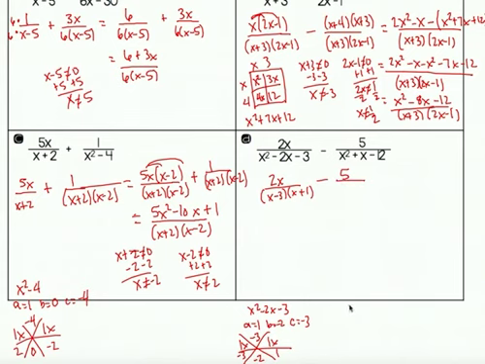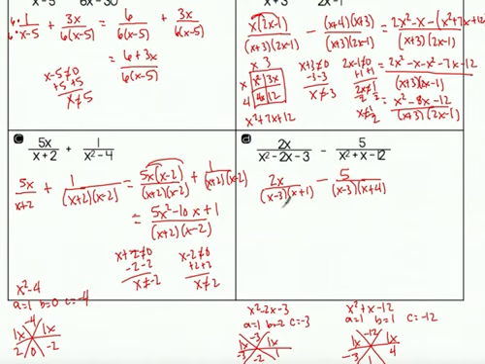Five will stay on the top of my second fraction. X squared plus x minus 12, I'll factor using the star. And so that would be positive 4 and negative 3. So x minus 3 times x plus 4.